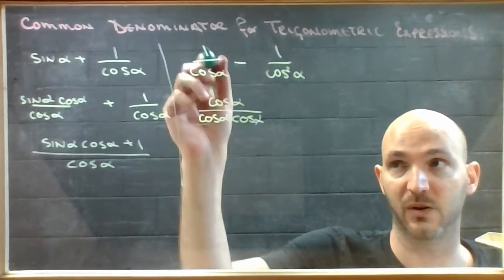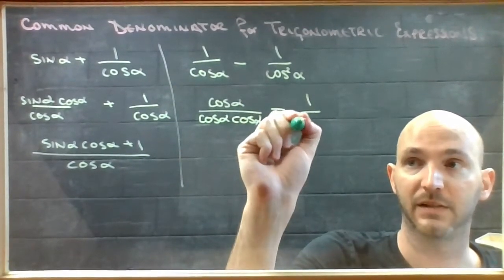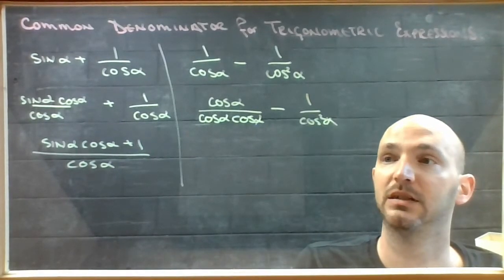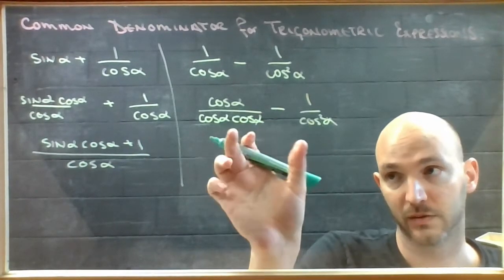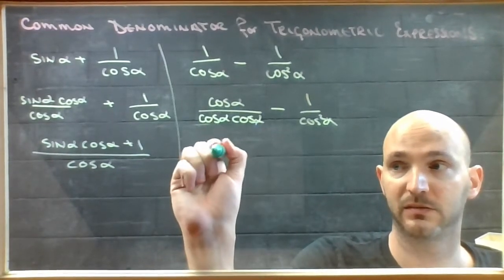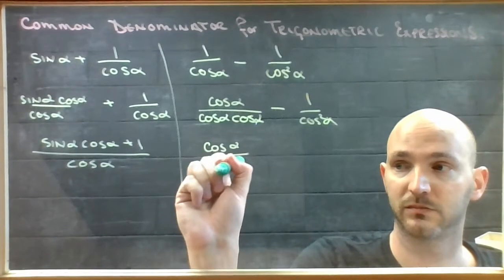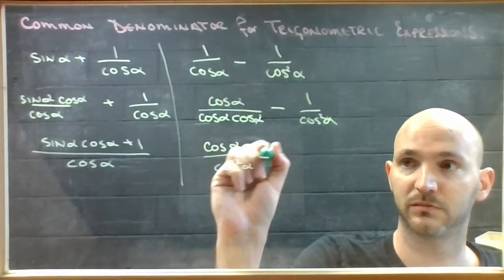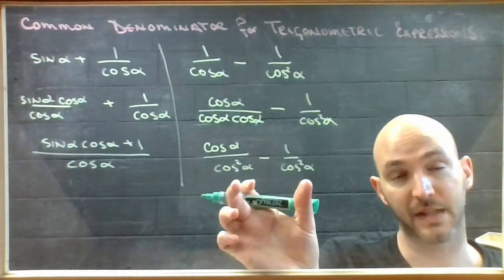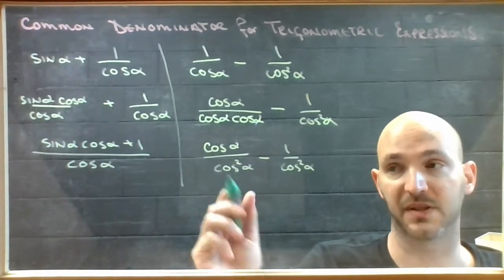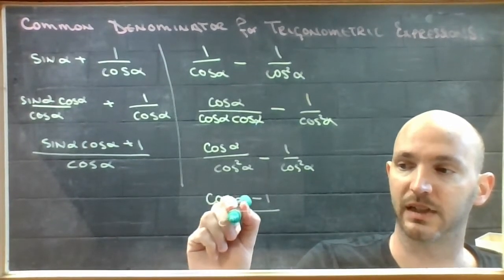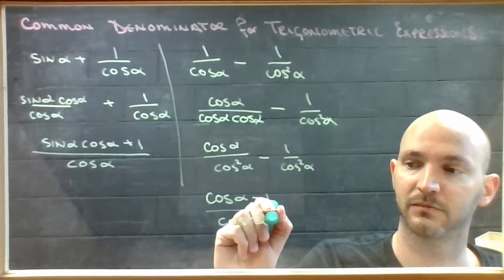Cos divided by cos is 1. Leave this here like so. Cos alpha times cos alpha is cos squared alpha. And now that I have a common denominator, I can collapse them into a single fraction, looking like that.